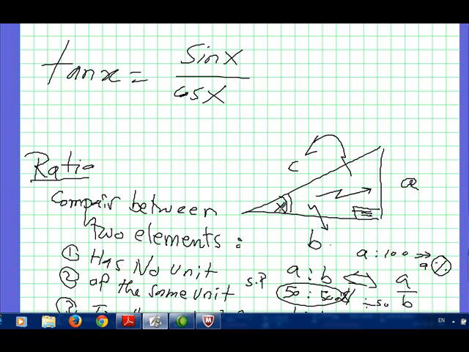We can also find the ratios cosec x, which is the hypotenuse to the opposite, sec x, which is the hypotenuse to the adjacent for any angle, and cotan x, which is the ratio of the adjacent to the opposite. So we can say that tan x equals sine x over cosine x, because it is A over B, which will be A over C multiplied by C over B.